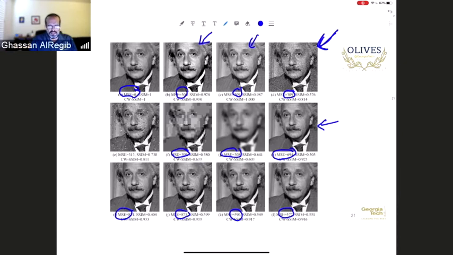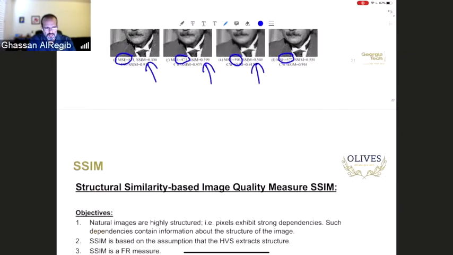The perceived quality in these images is actually better than the first few images, the ones in D, E, and F. So this is just to convince you that the PSNR and the MSE do not correlate very well with the human perceived quality.